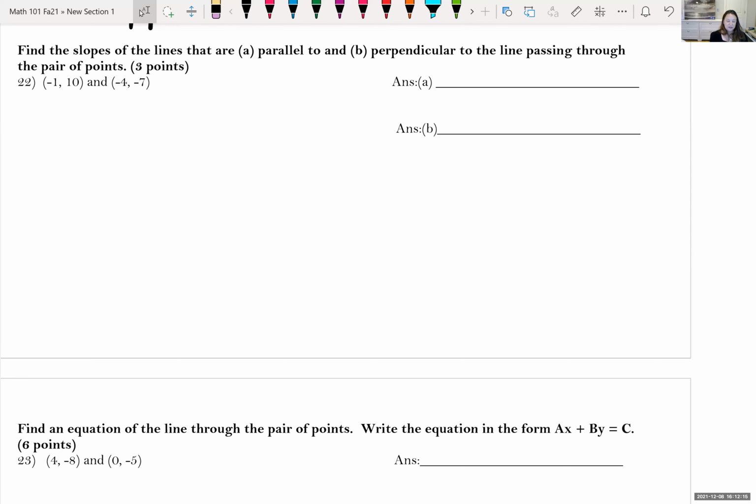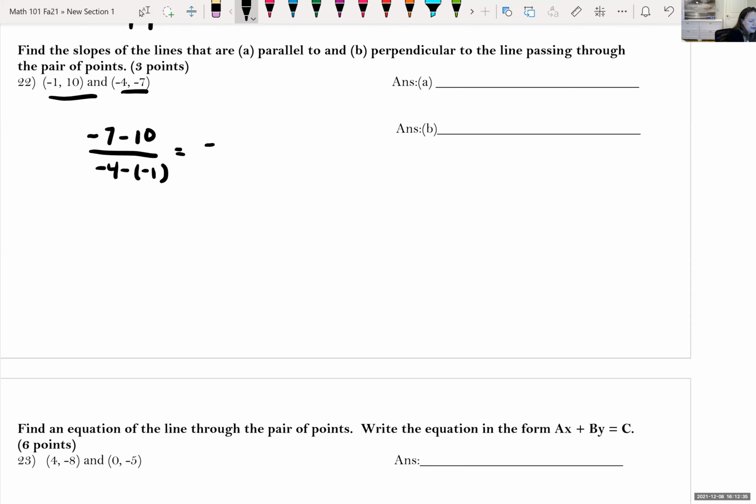Okay, so first we need to find the slope, and we know that a parallel line has the same slope and a perpendicular line has the negative reciprocal of the slope. So let's look at the change in y, -7 minus 10, all over the change in x, -4 minus a -1.